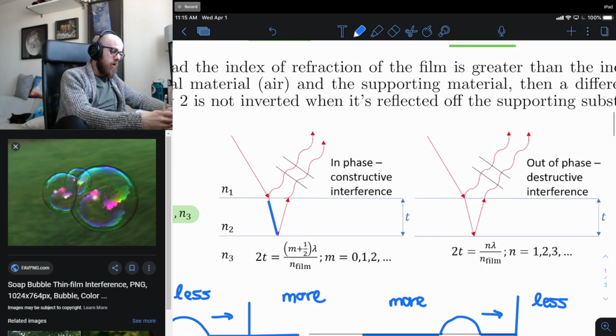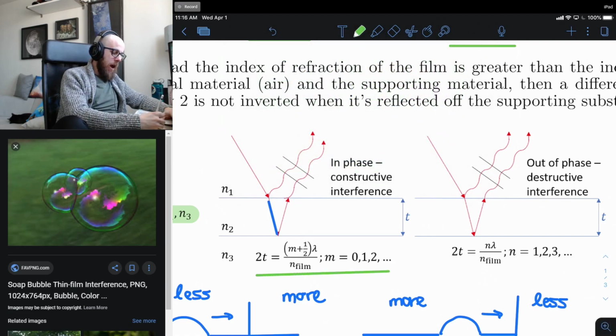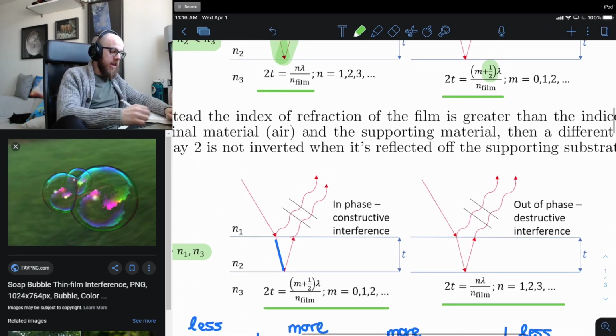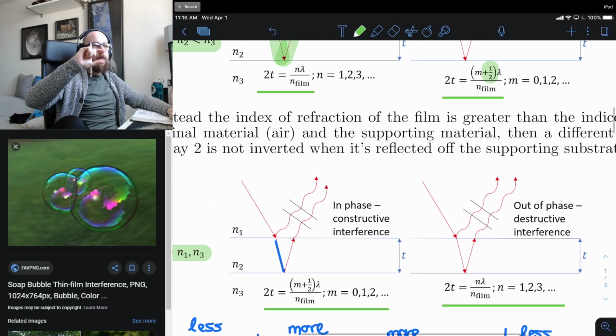If you compare the formulas to what we had in the initial case, you can see that they're almost exactly opposite each other. That's just due to the fact that we don't have that inversion when we go from a more dense to a less dense material. Okay, so I'll take a quick pause here.